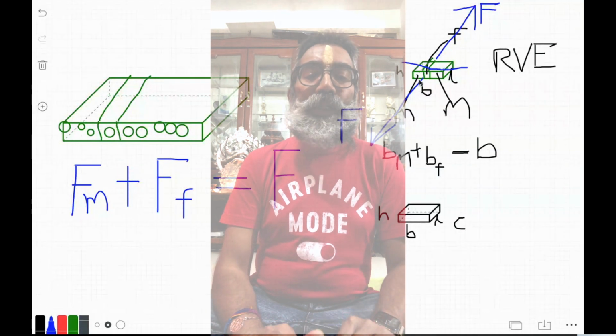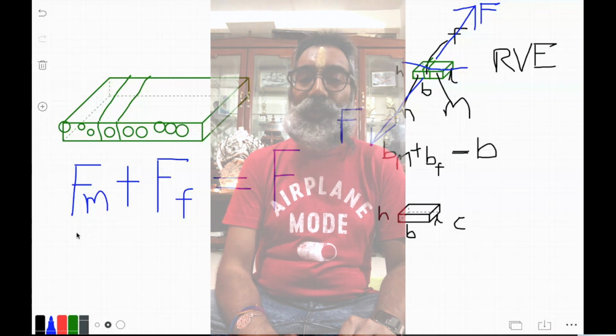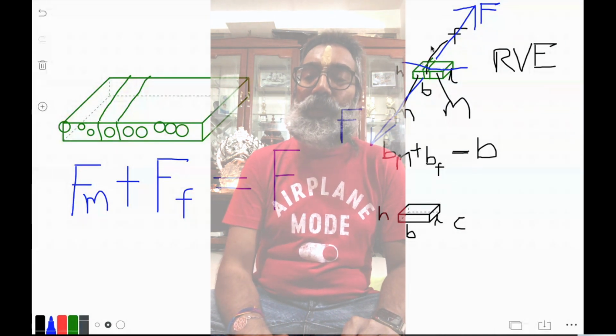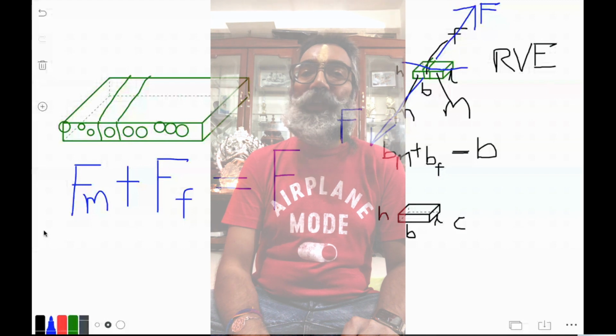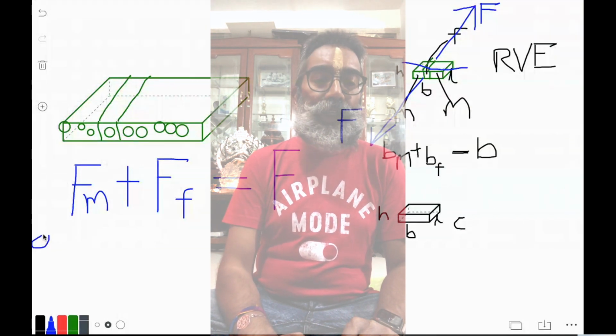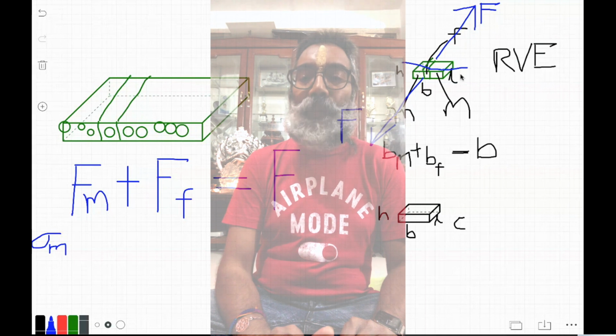Now this in turn is going to be equal to the stress in the matrix, which again we will assume to be constant for now, which is the case indeed if you go into the interior, not close to the boundaries where the force is applied, and that force in the matrix will be equal to the constant stress in the matrix, which we call sigma m.